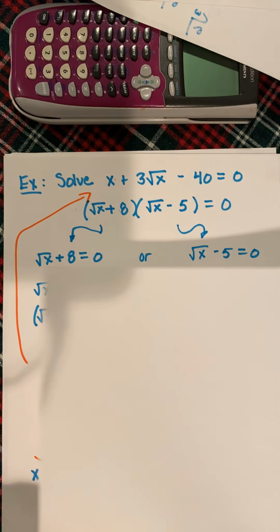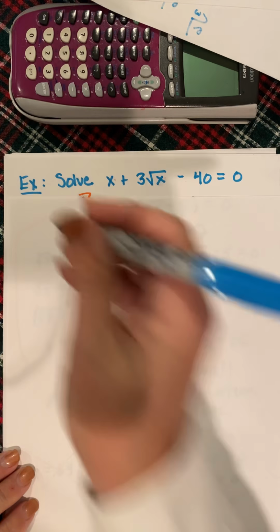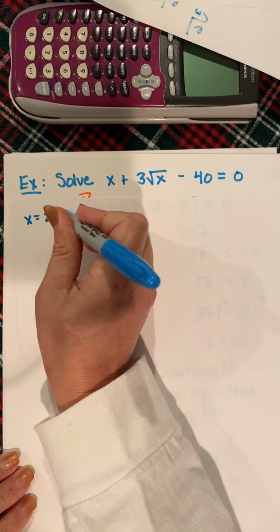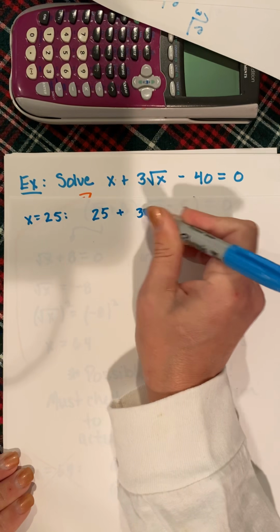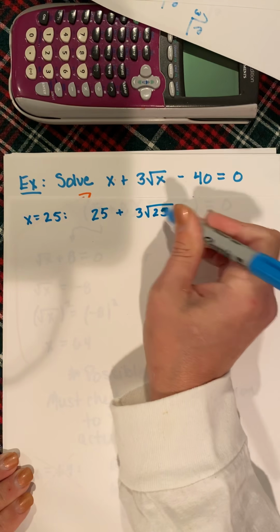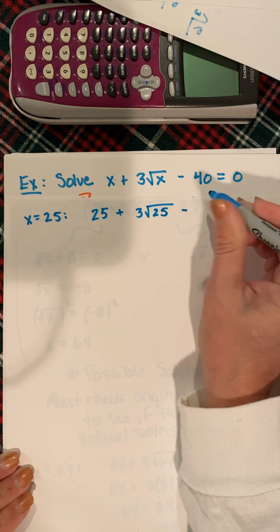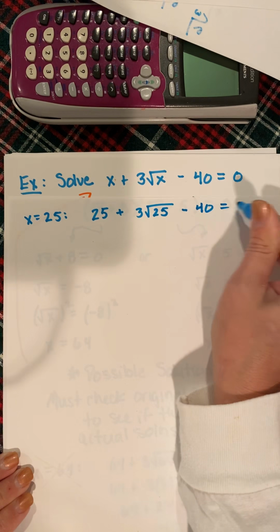So let's check the other solution, 25. If x equals 25, we plug in 25 wherever we see x. Is it true that 25 plus 3 times the square root of 25 minus 40 equals 0?